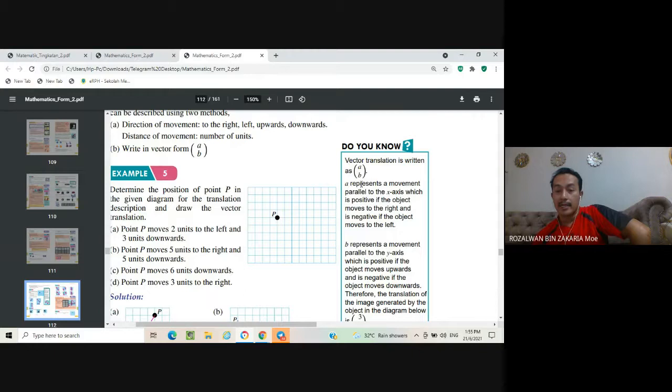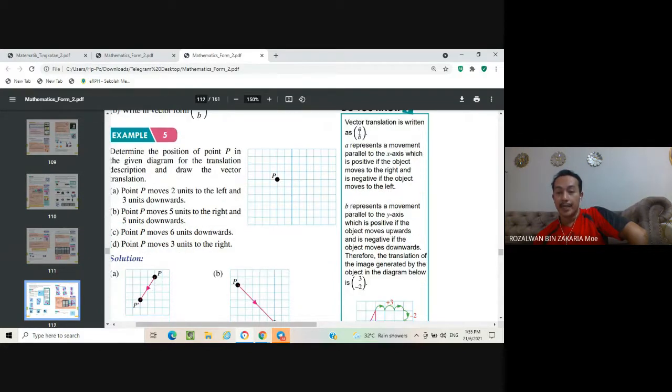A represents a movement parallel to the x-axis, which is positive if the object moves to the right and is negative if the object moves to the left. And B represents a movement parallel to the y-axis, which is positive if the object moves upward and is negative if the object moves downward.